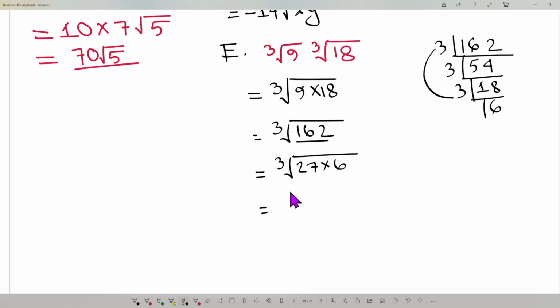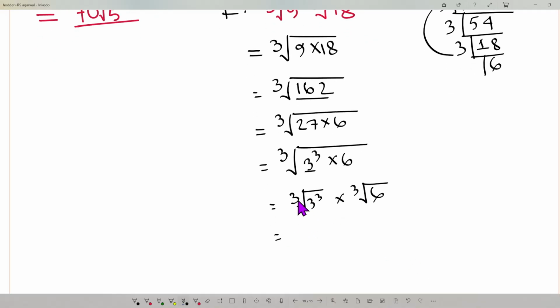Now this one is cubic root, and this 27 we can write as 3 cubed times 6. Finally, it means cubic root of 3 cubed times cubic root of 6. So this 3 and this 3 go out, it will be 3, and our answer is 3 cubic root 6.